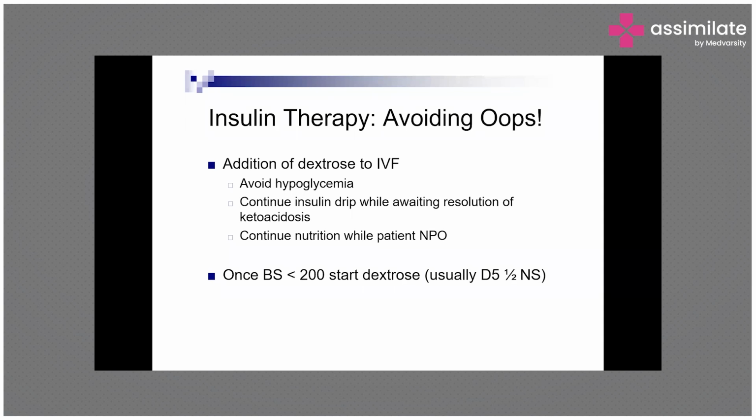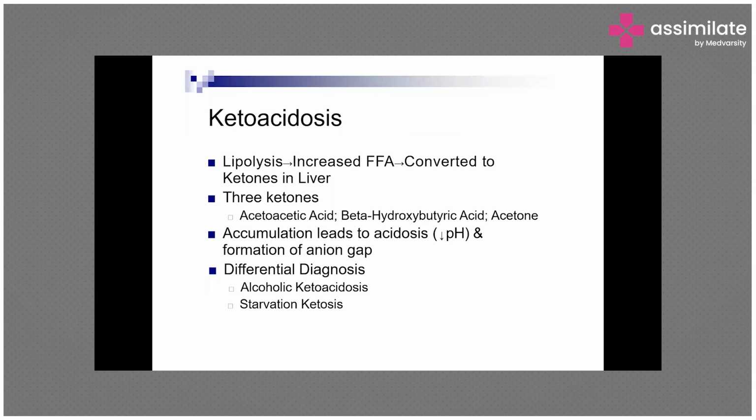Once the blood sugar is 200, as I already discussed, we should start giving dextrose. Okay, 5% dextrose or half strength normal saline, any of these is quite useful. But at the same time, you should also make sure that insulin is added. Glucose insulin drip can help the tissues to utilize glucose, and at the same time the glucose levels will also be controlled.